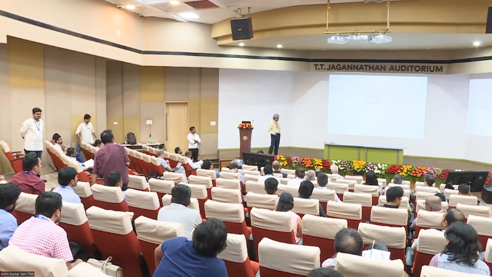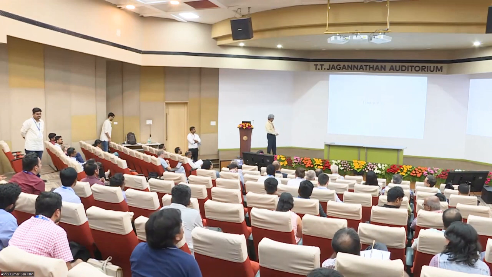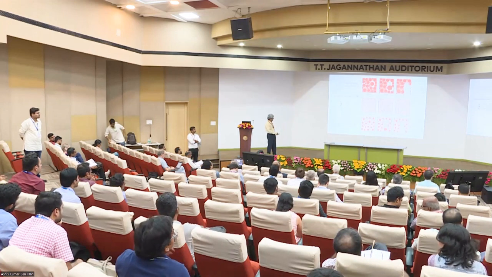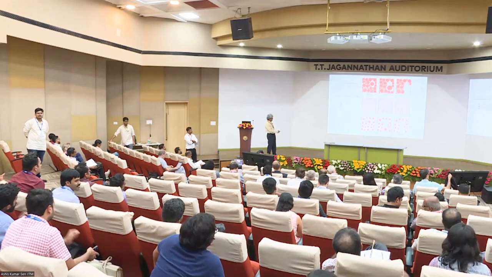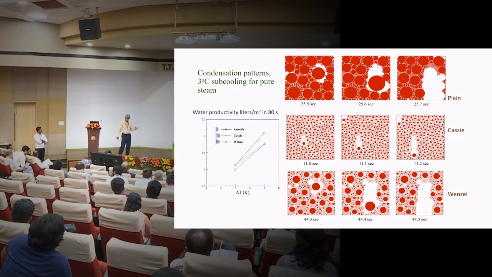Okay, so let's start with condensation. In this water condensation, water production application, the interest is really on the large drops. That is what will slide away and you get the output.